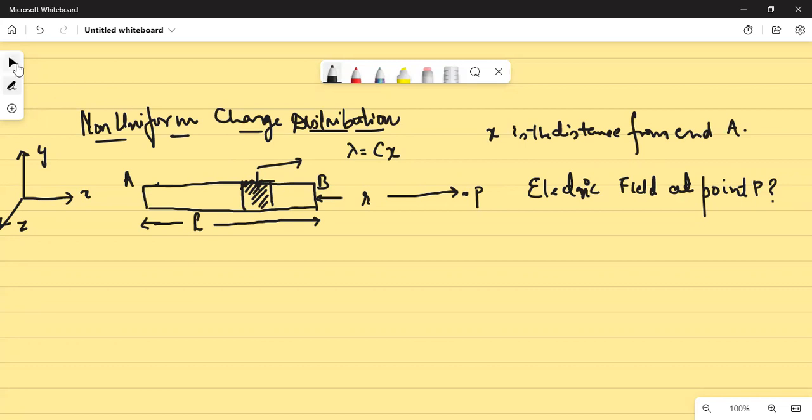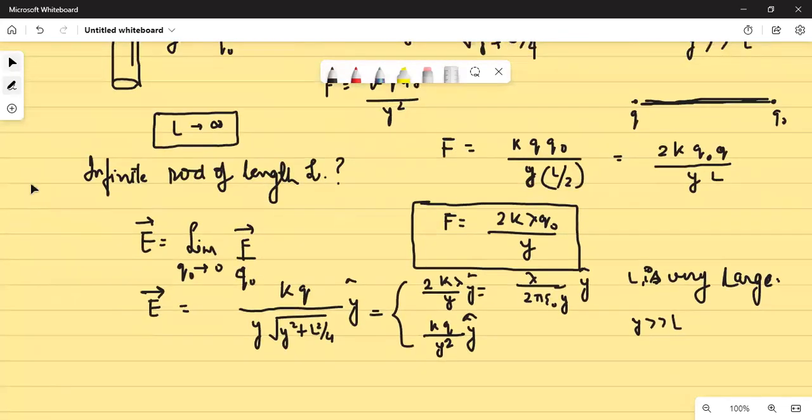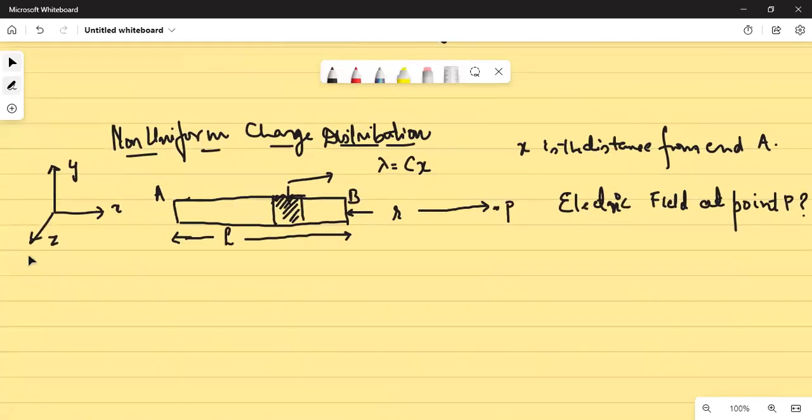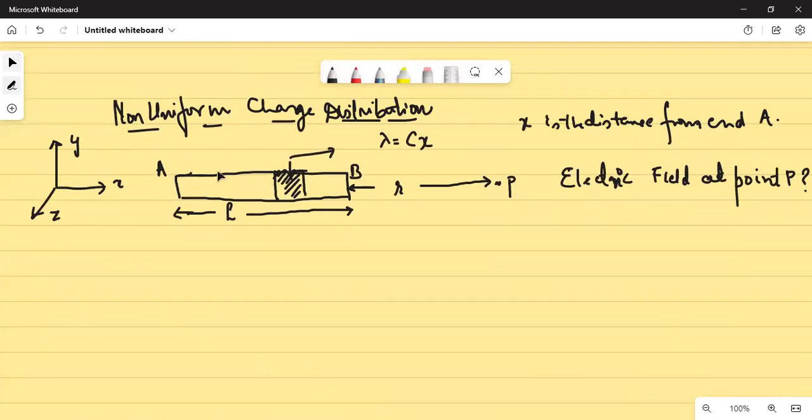The uniform density cases we've already discussed, so forget about it. Now I have to do something for the non-uniform case. So if my charge is distributed in a non-uniform way, such that lambda is given by c times x, then I have to find what will be my electric field at point P. So I hope I have made things clear to you. How to find electric field at point P?